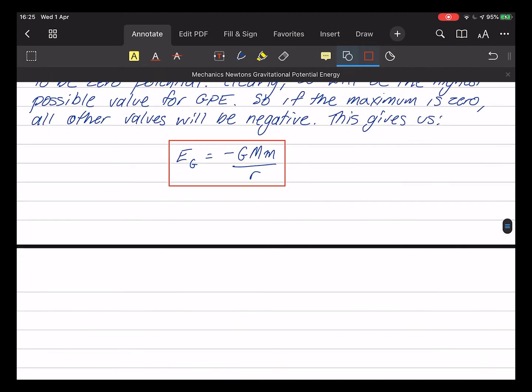It's important to understand it's got to be a minus because it's naturally going to fall from high potential to low potential. So the work that I would have to do on a body in order to move it is effectively negative.